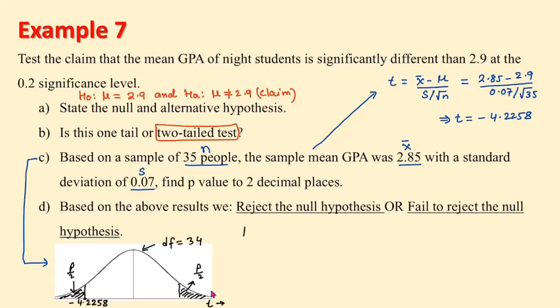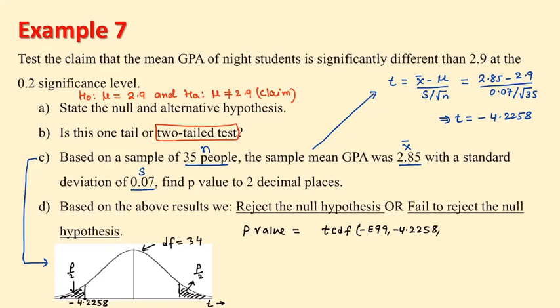So this p-value is equal to, in order to find the area under the t distribution, we use tcdf. In this case, the lower boundary on the left is all the way up to negative infinity, so negative E99. The upper boundary is negative 4.2258.